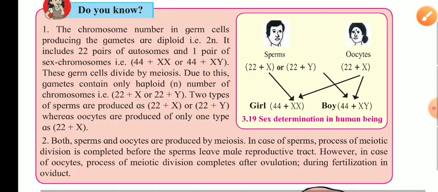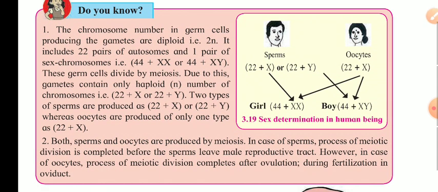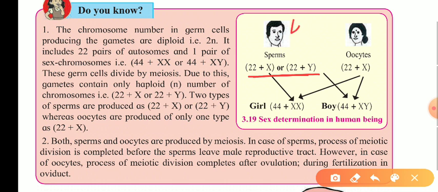Now the next part we will discuss is the chromosomes, the number of chromosomes, and how the gender is decided. As we know, there is a pair of chromosomes. In male sperms we have 22 plus X or 22 plus Y. Actually we take it as 44XY, and here we are taking 44XX. You can see here 44XY and 44XX.